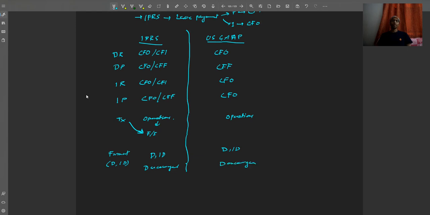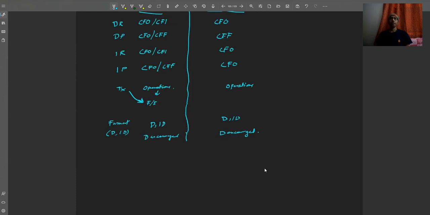So this is a point of similarity, but when a direct method is used, that entails another statement or another explanation or reconciliation, which basically explains how net income has been translated to cash flow from operations.